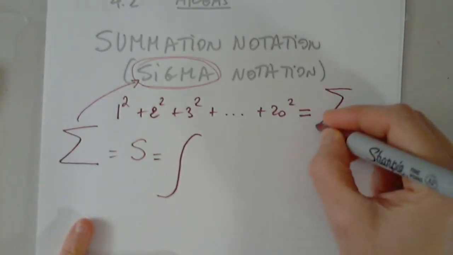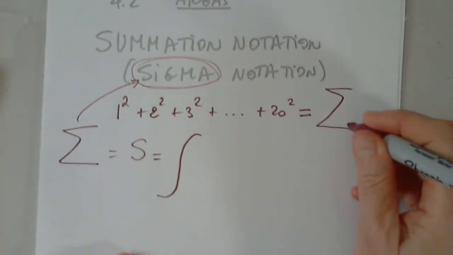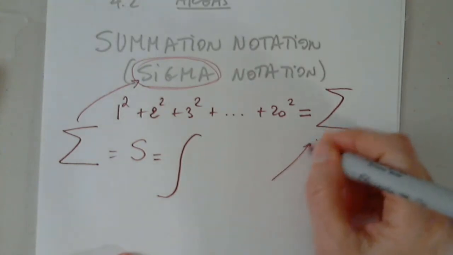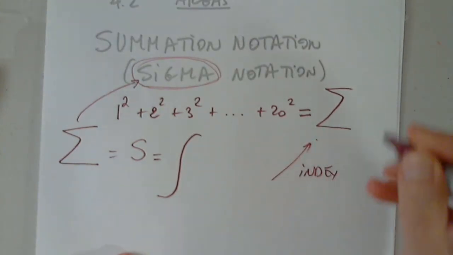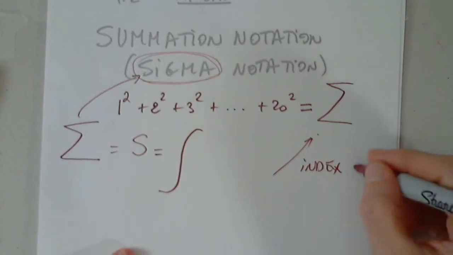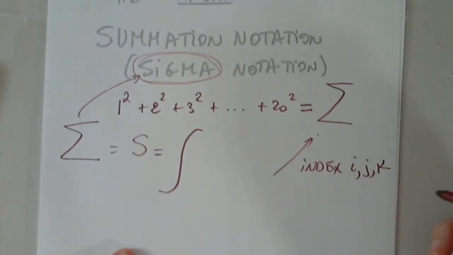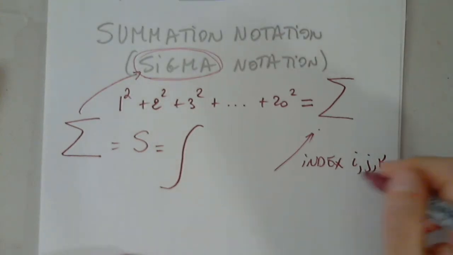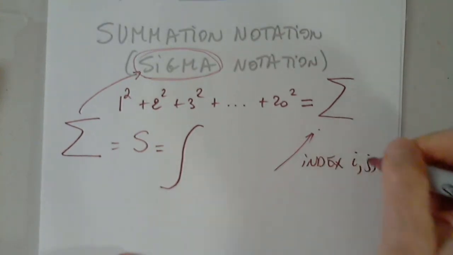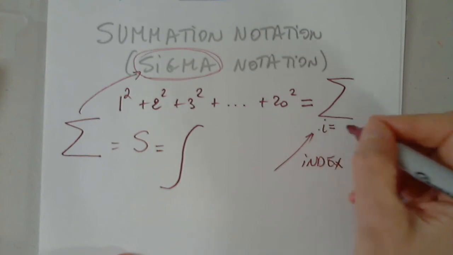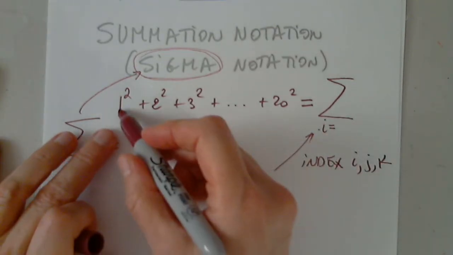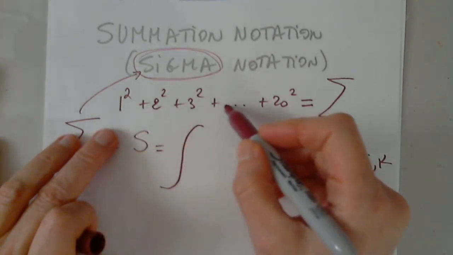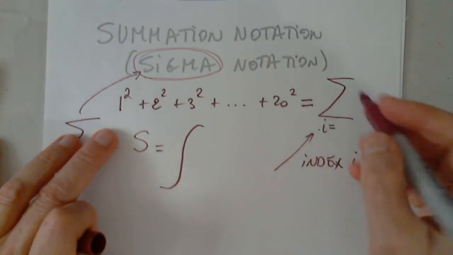Why? Here's why. Because this sum has an index. The index can normally be I, J, or K. You can use any letter you want. It doesn't matter. But normally, this is what you're going to say: from I equals 1 till 20.